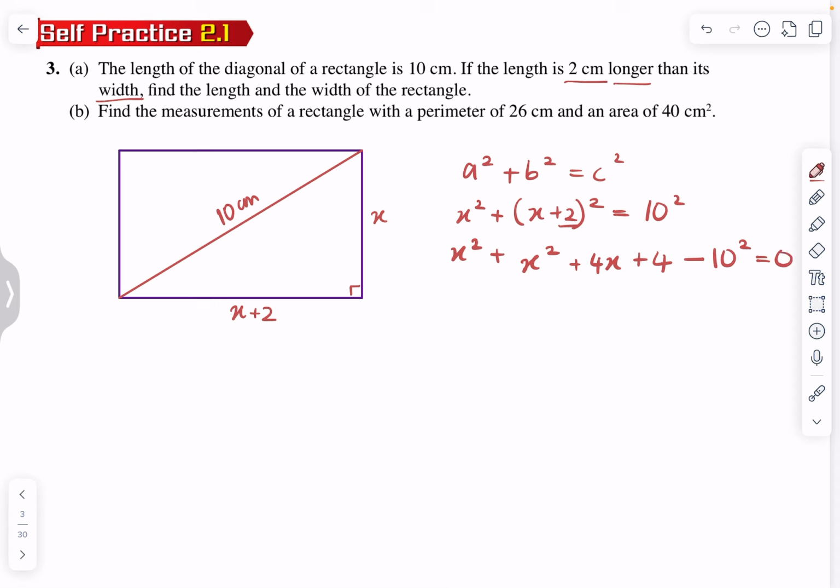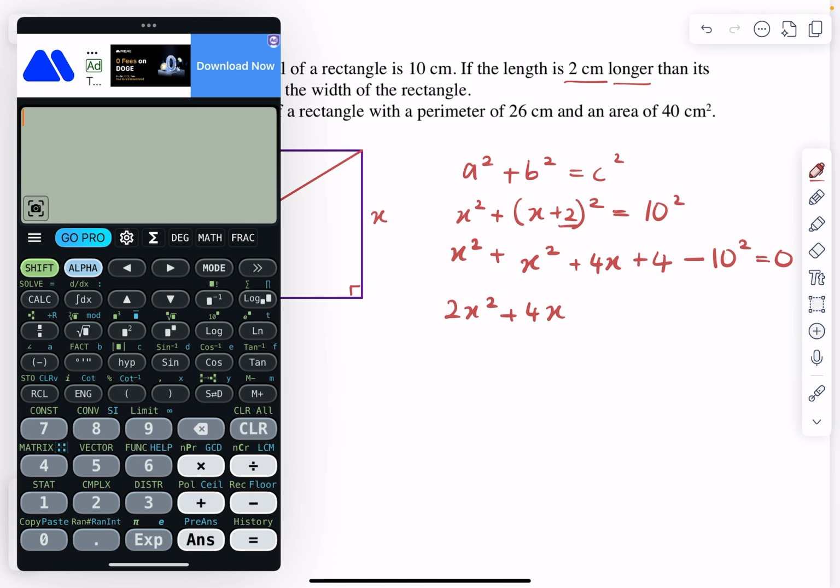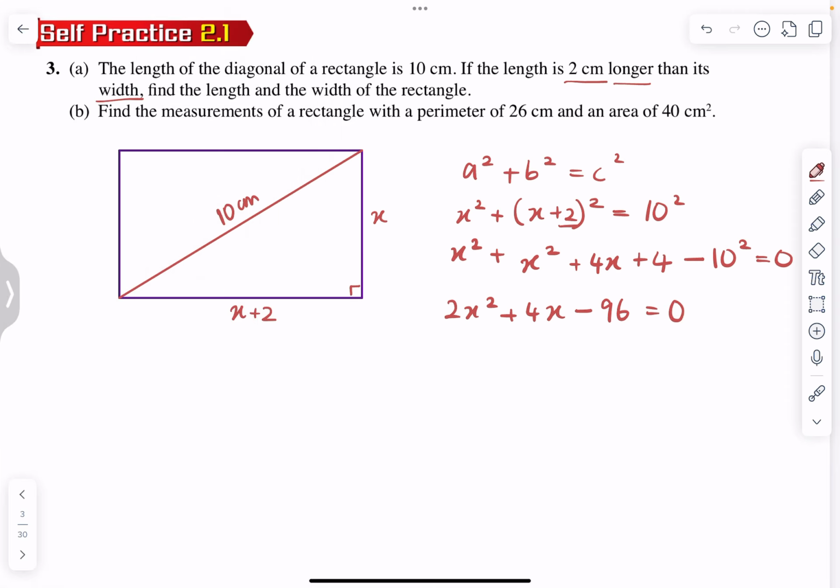Minus 10 square. So x square plus x square is 2x square plus 4x. 4 minus 10 square. So 10 square is 100. 4 minus, just right, 10 square. So minus 96. Alright. Okay. Now, we need to factorize this.